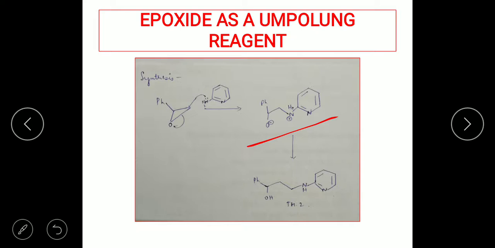Now this O minus is going to take the proton from the NH2. It gives rise to the target molecule, wherein nitrogen has 3 bonds and is satisfied, there is no negative or positive charge, and the hydroxyl is formed. So this is the target molecule we get after the synthesis.